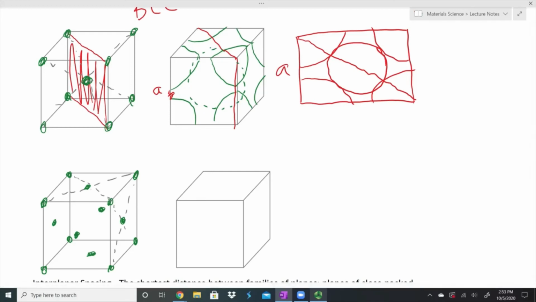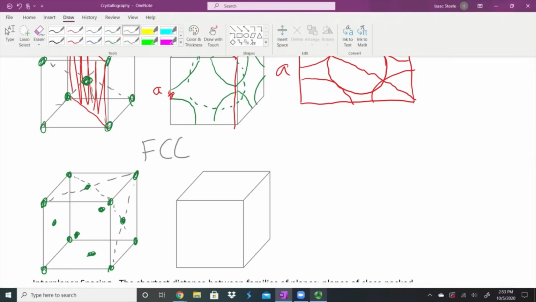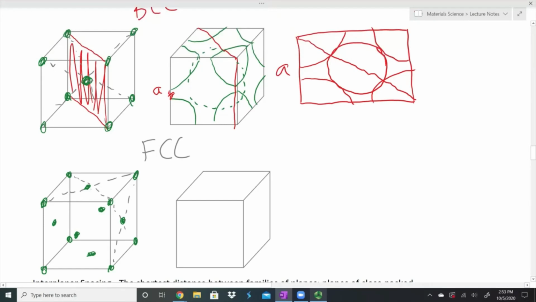All right, this one again is for the face-centered cubic, or FCC. And I'm going to draw in my hard spheres. I'm actually going to start with the center one because that is going to sit right there, right there, right there. Those are the ones that are sitting on the face, on each face.